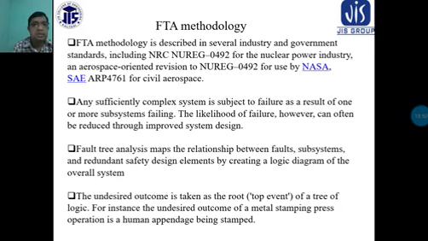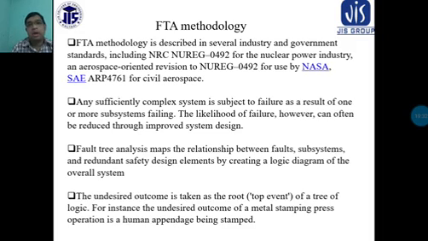Fault tree analysis maps the relationship between faults, subsystems, and redundant safety design elements by creating a logic diagram of the overall system. In this methodology, an undesired outcome is taken as the root, the top event of a tree of logic. For instance, the undesired outcome of a metal stamping press operation is a human appendage being stamped.